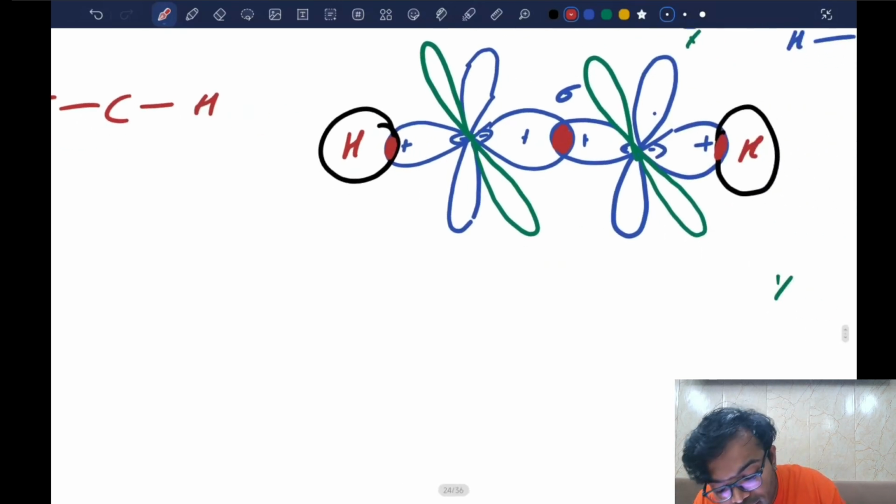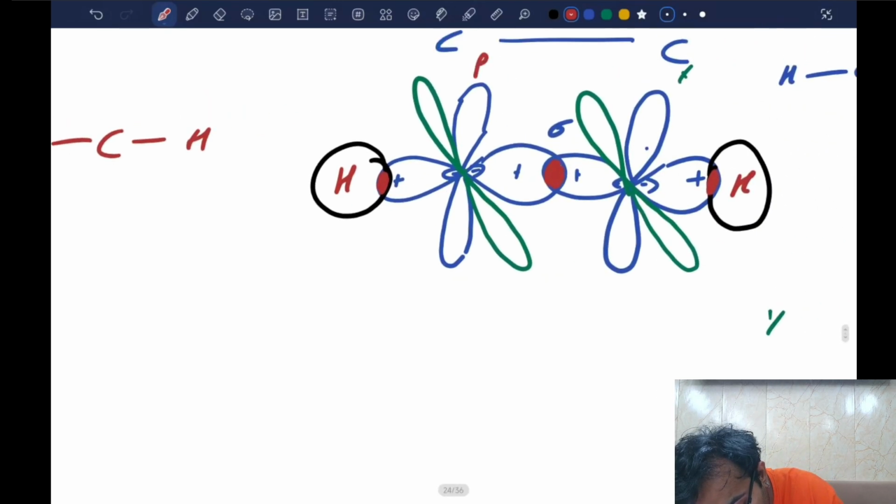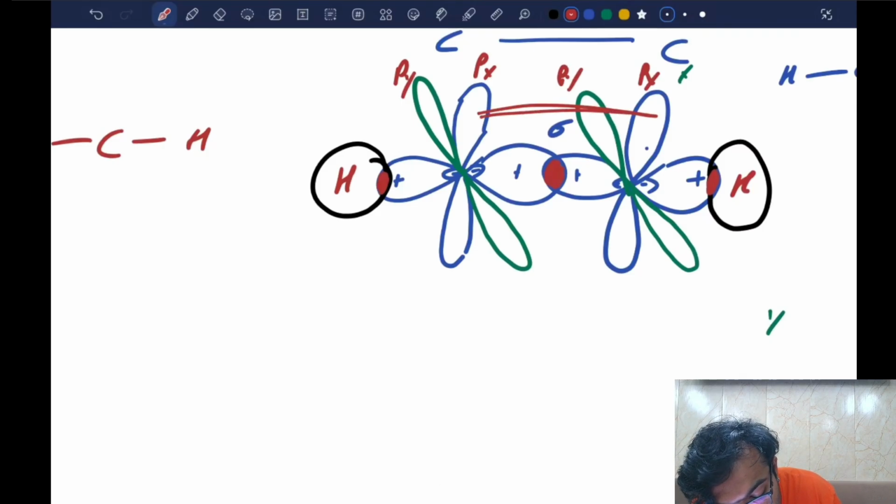Now this is the px, the px here, then you have py here. The px and the px are going to have a sideways overlap like this.